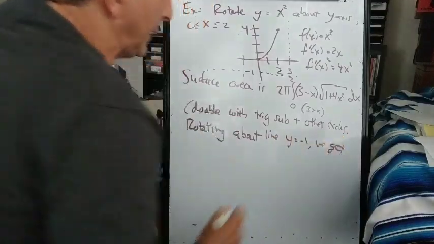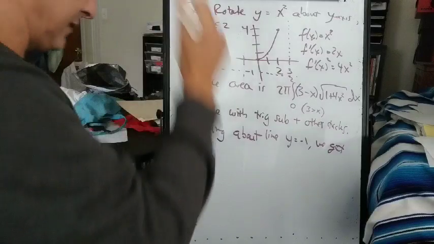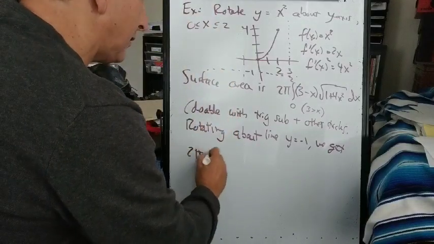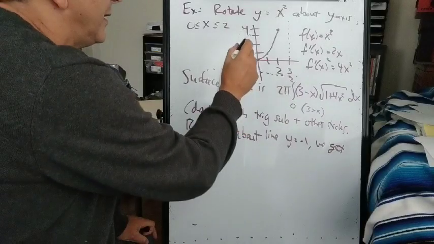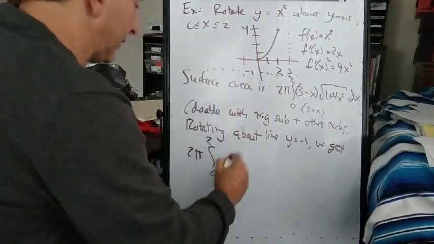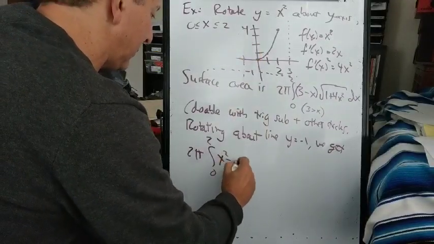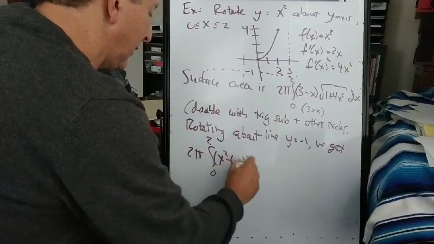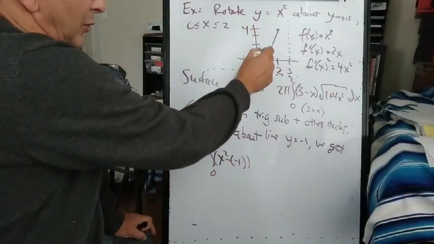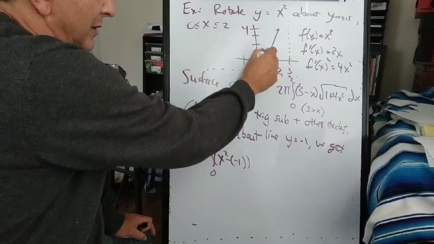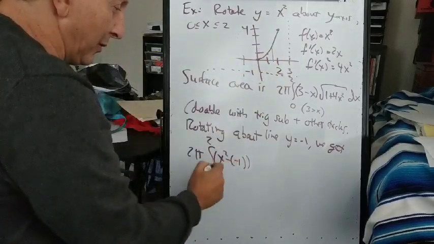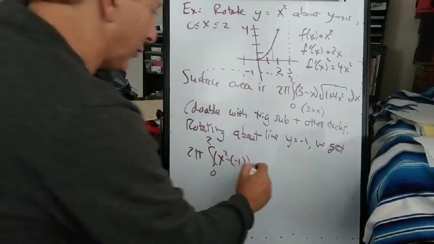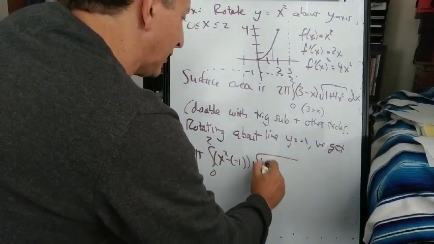We get basically the same integral, except the radius is now x squared minus negative 1. x squared would be the radius if we just went to the x-axis, but x squared plus 1 is the radius if we go one further.